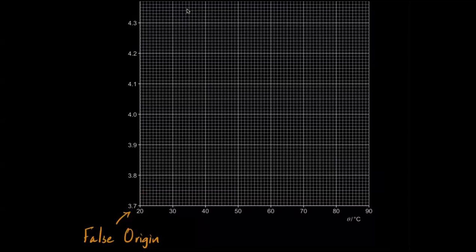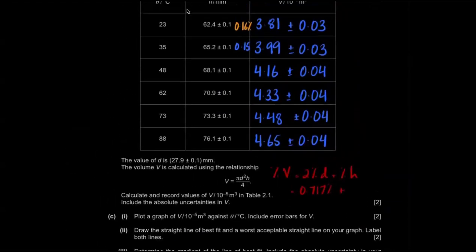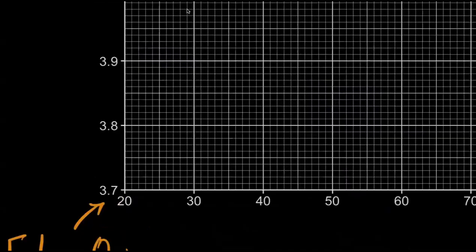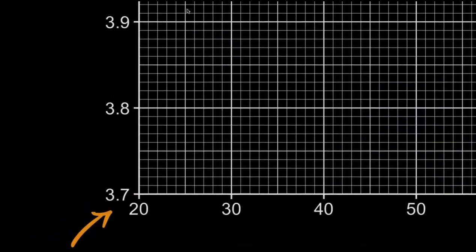This is not a real origin. This is a false origin. So theta being 23 leads to V being 3.81. So 23 and 3.81. Let's zoom in here. So obviously this would be 23, 3.81. So these scales seem pretty nice to work with.